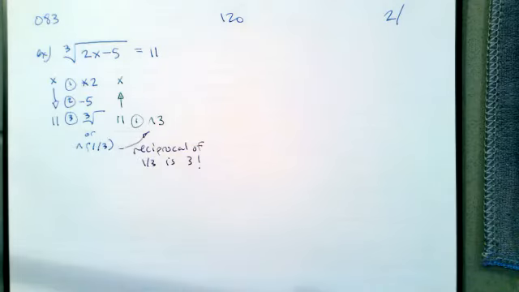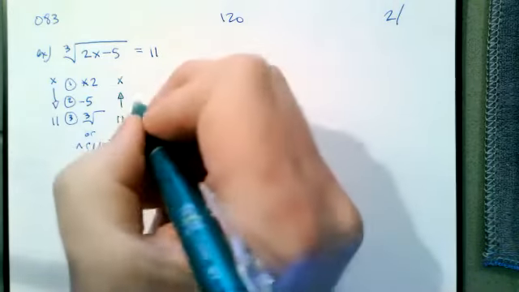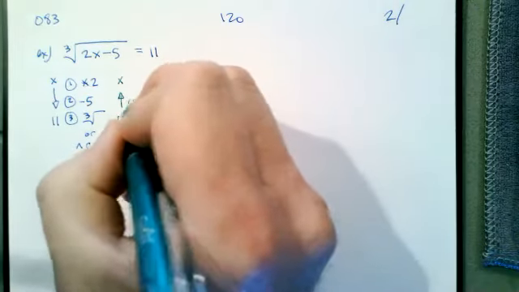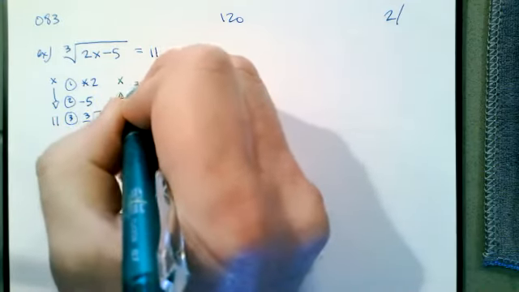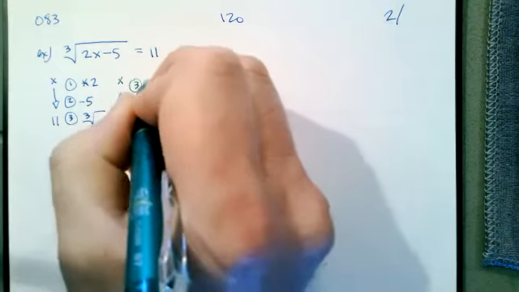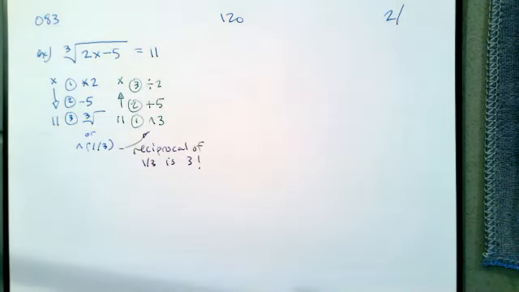Next, we'll add 5 because that's the inverse of subtracting 5. And finally, we'll divide by 2 because that's the inverse of multiplying by 2. We have now come up with a plan. We've read the expression, and now we're going to perform inverse operations in reverse order.